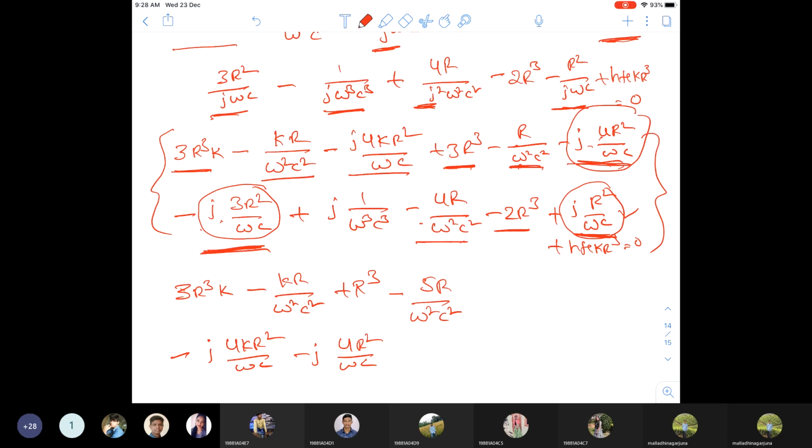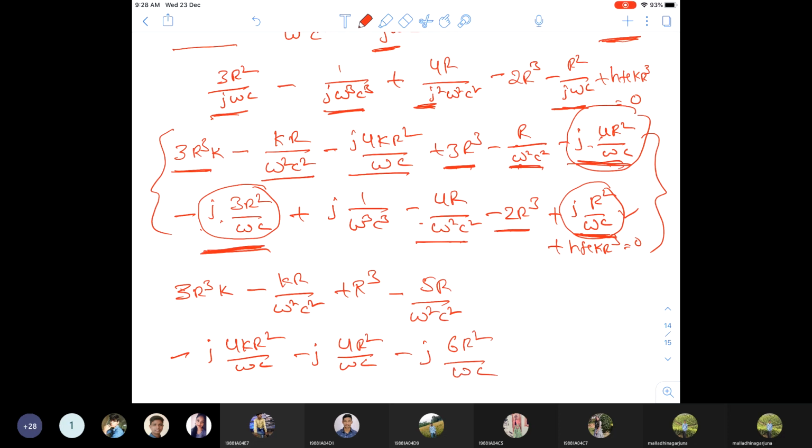What is the final result? Minus 4 minus 3 plus 1, what is the sum of these three? Minus 6. So minus j 6r square by omega c. Sorry, it is imaginary: minus 6r square by omega c.